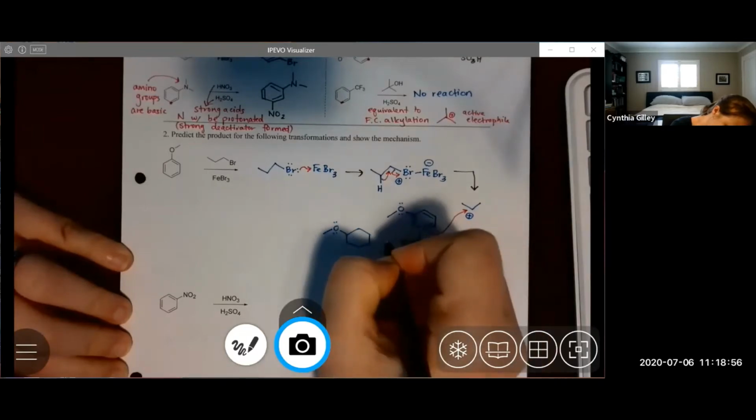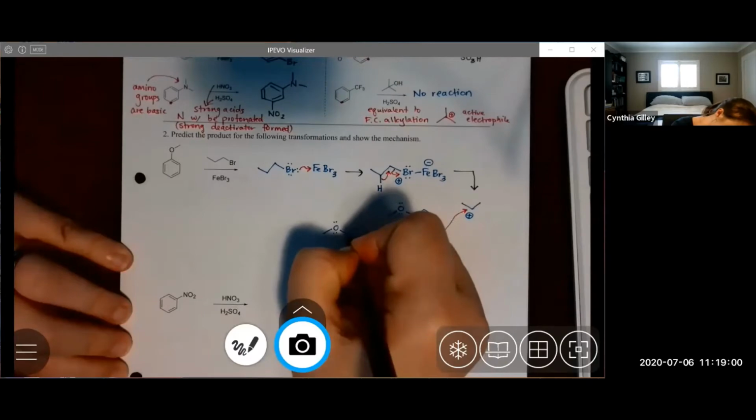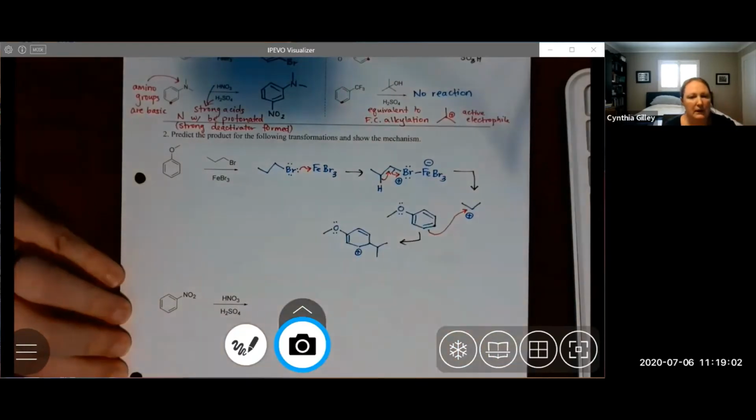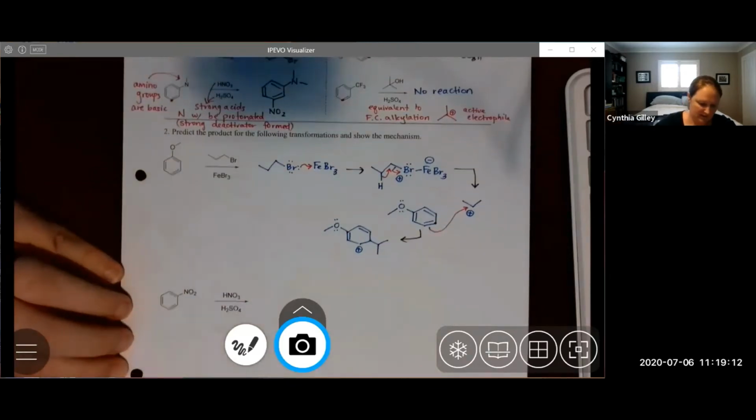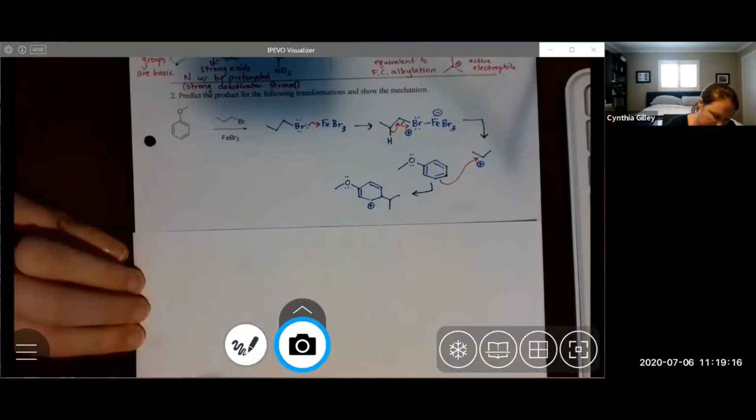This is where we get our arenium ion, which we can draw out resonance contributors for. I don't know that I have enough room here, but you can practice drawing those out on a separate sheet of paper.